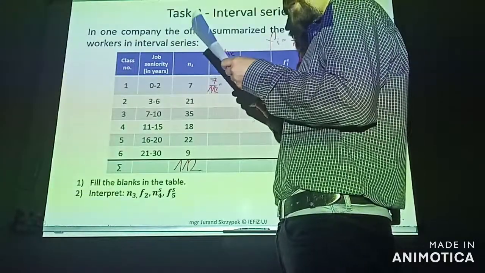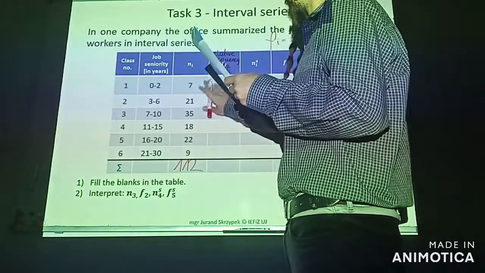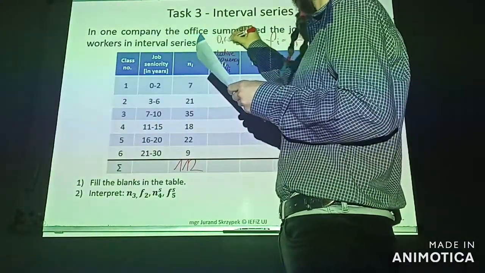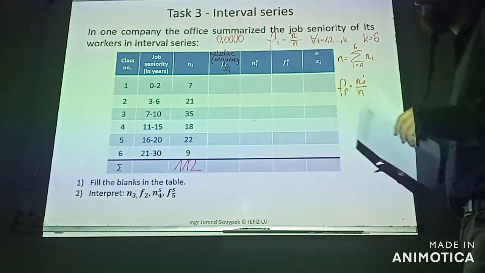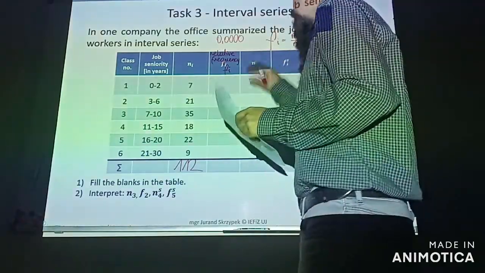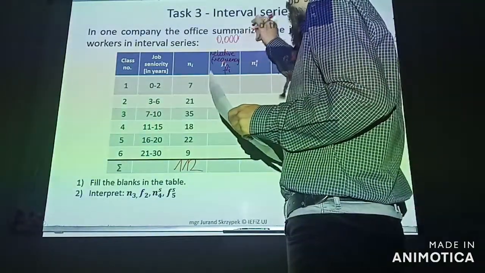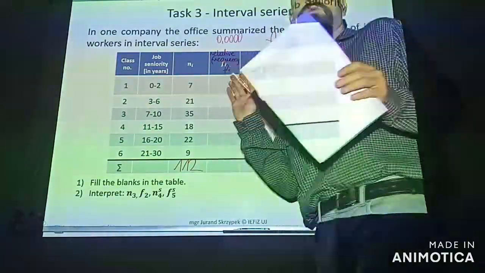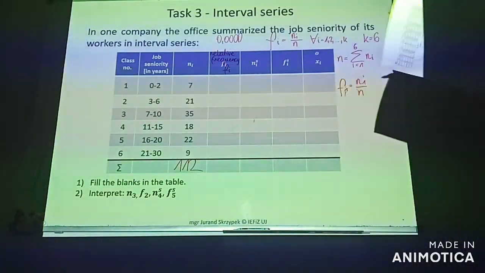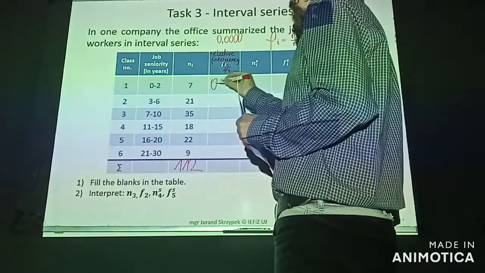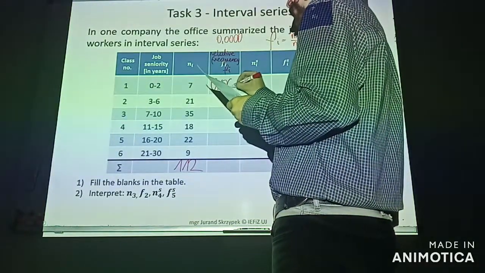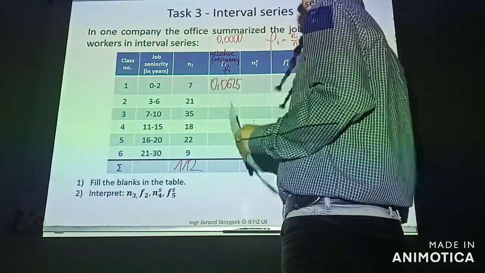And the result, we ensure accuracy of 4 places after a dot. Okay, 4. We will be more accurate. 4 places after a dot, and we will receive 0.0625.